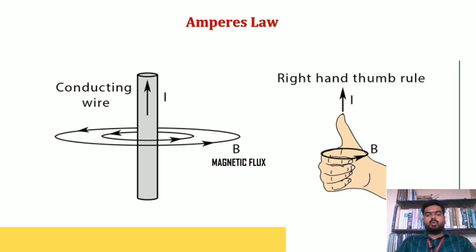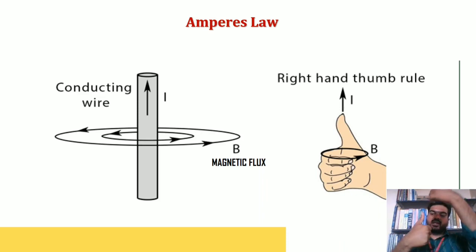So this is the rule. If you pass any current in the conductor, that produces some magnetic flux. That can be understood with your right hand thumb. If you keep this thumb like this, this straight line can be assumed as a conductor.